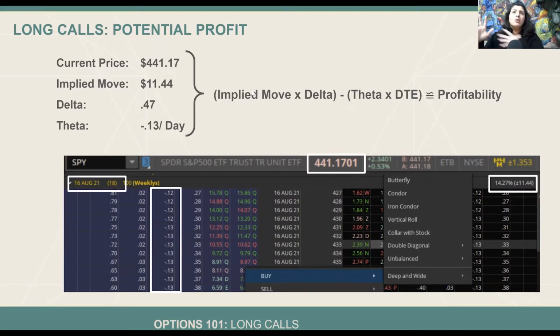Then you will take theta, which is the dollar amount you are losing per day while you are in that option, and multiply it by the days till expiration that you have. Then you will subtract those two numbers from each other, and that will give you your potential profitability.